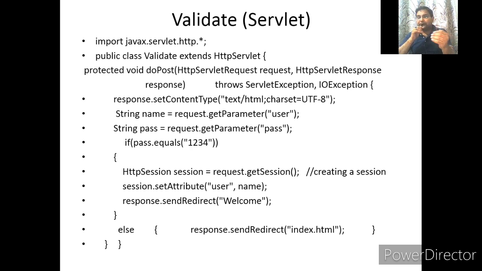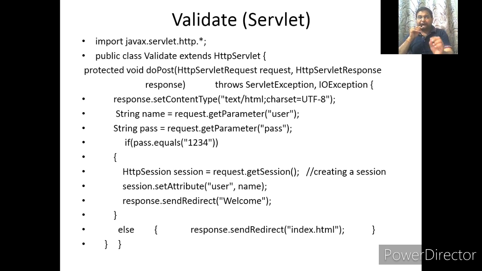It checks the credentials, and if the password equals 1234, then it creates one session object. This session object is used to maintain the data of communication, meaning the user has sent a username and password.